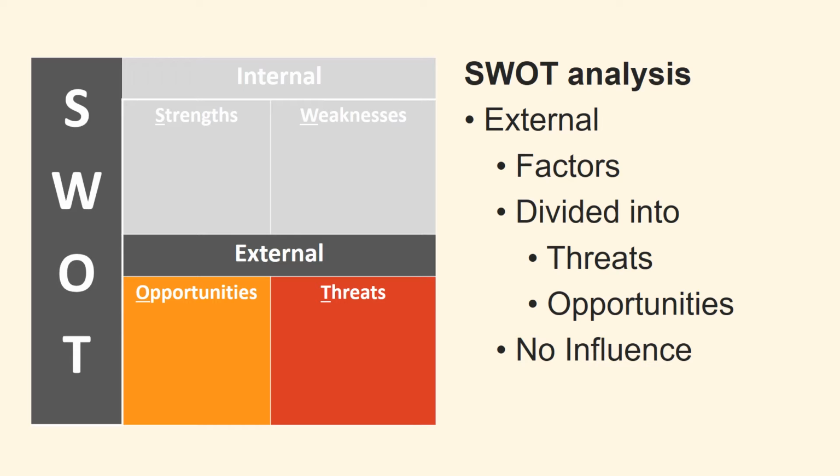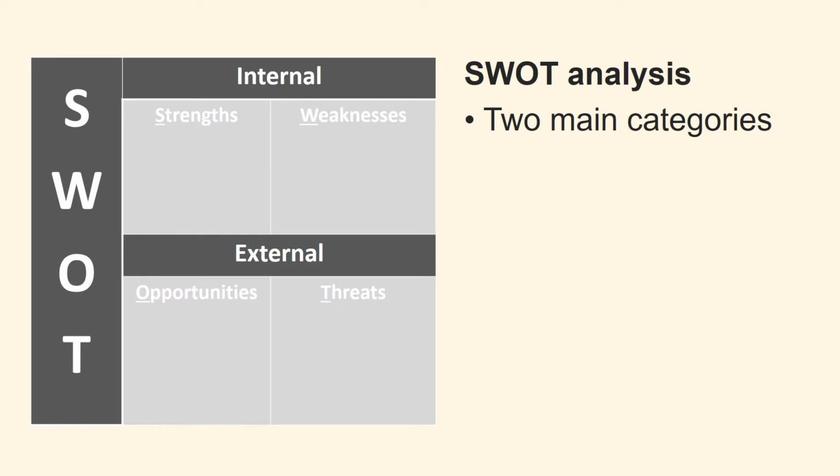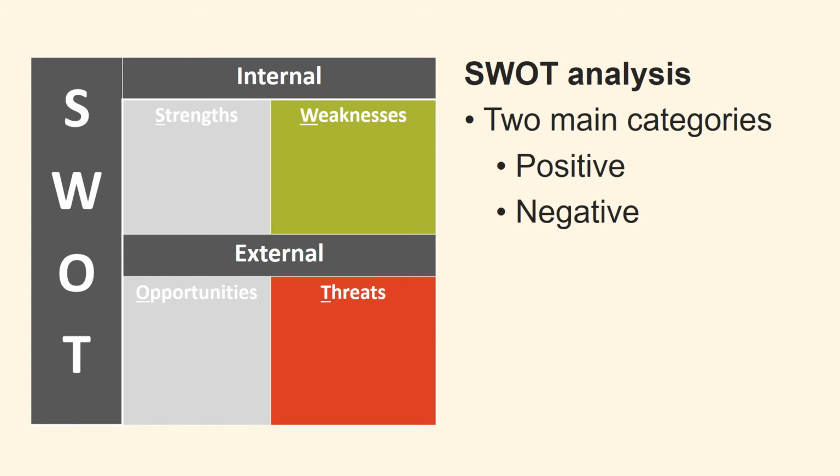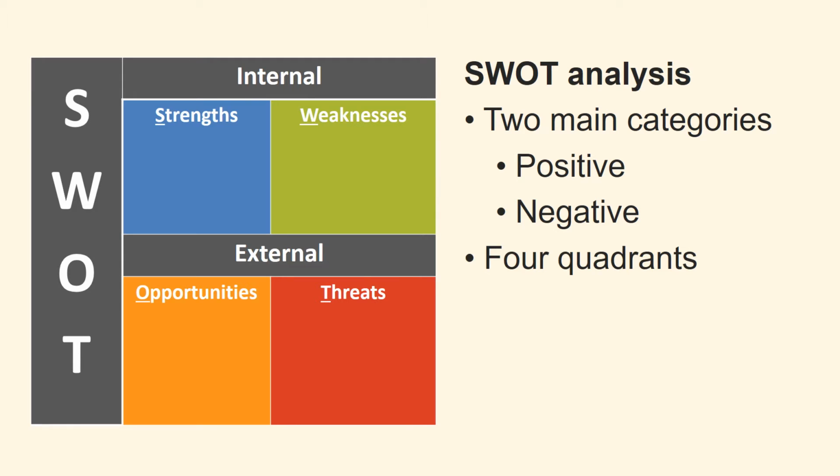It is important to understand that the external part consists of external factors that the company cannot itself influence. In each of the 2 main categories, there are 1 positive and 1 negative quadrant, making up the 4 quadrants.